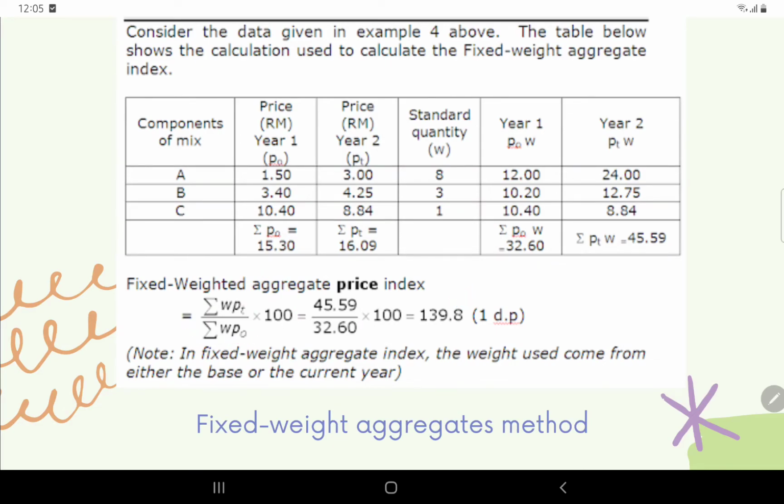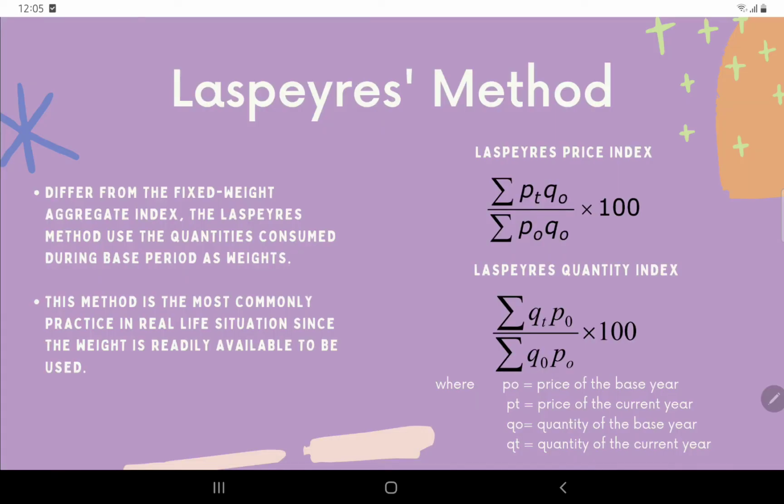Okay, so that's how we calculate the aggregate price index using fixed weight aggregate method. Okay, next, by using Laspeyres method. Okay, this is the formula. Okay, total of PT Q naught divided by total of P naught Q naught times 100.